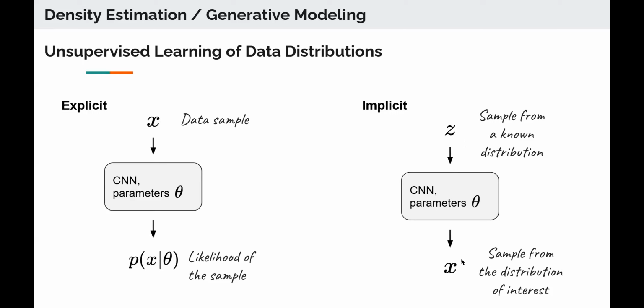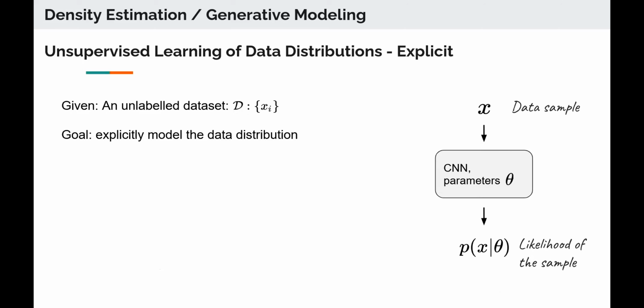So this model implicitly knows what good images look like, because it's always outputting images that look like good images, whereas the input has no clue about the images themselves. The input is just noise, but the model implicitly knows what images are good images. In other words, the model implicitly knows which areas in the image space have high probability values. So this is the other type of data distribution learning.